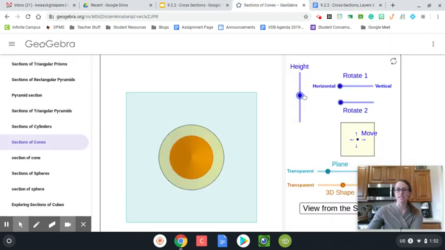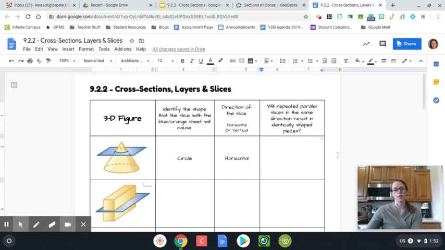When I'm talking about parallel, I mean I'm going to slice in layers. If I slice in layers, am I getting the exact same shape? Every time I'm getting a circle, but my circle is changing sizes. So I probably would want to write that down and explain that.